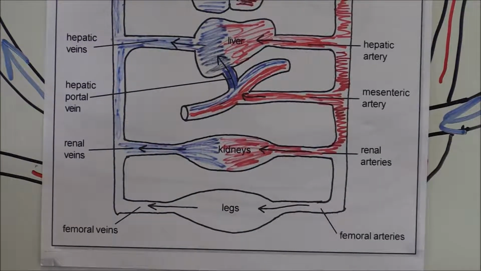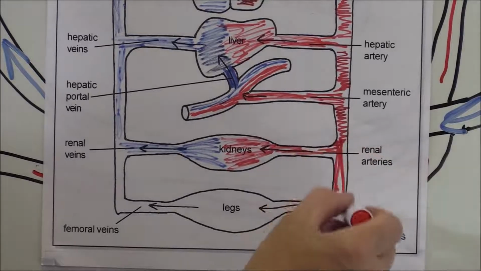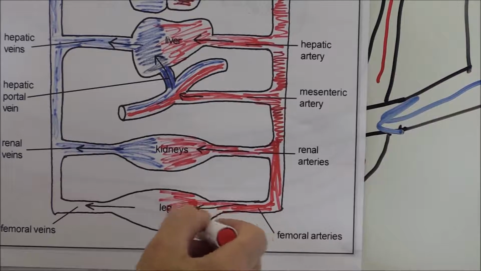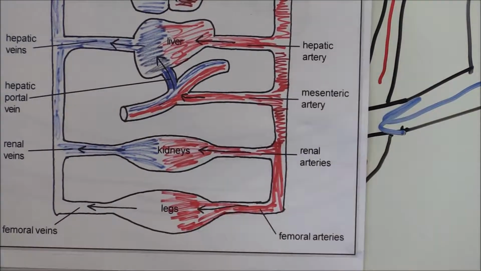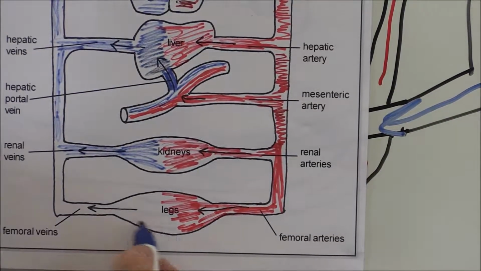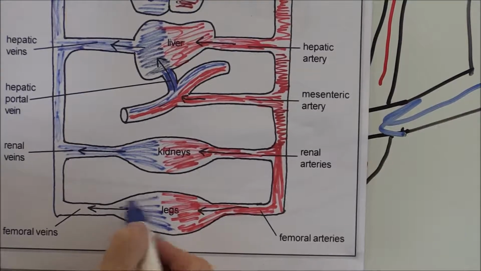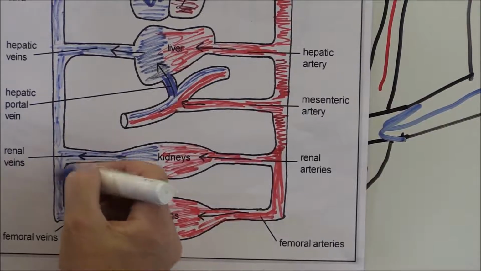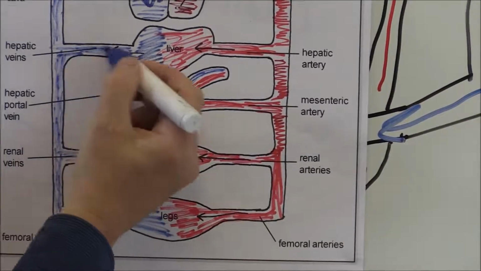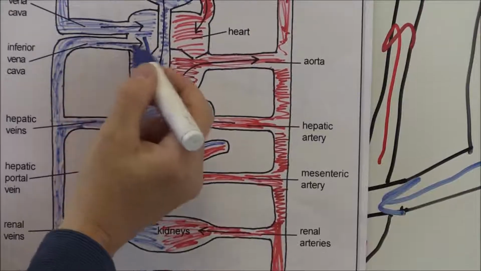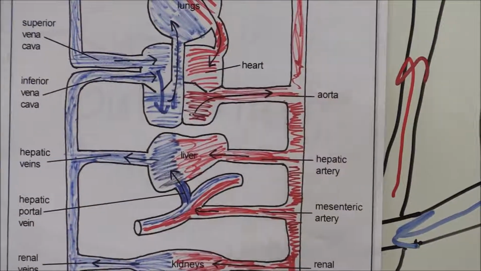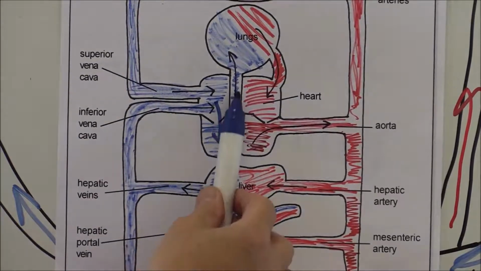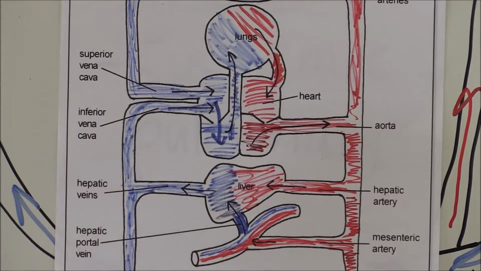Other blood goes down arteries such as the femoral arteries to the legs, giving up oxygen to the tissues of the legs and draining via veins such as the femoral veins back into the inferior vena cava to go back to the right atrium prior to going to the right ventricle, prior to going to the pulmonary artery, to going back to the lungs.